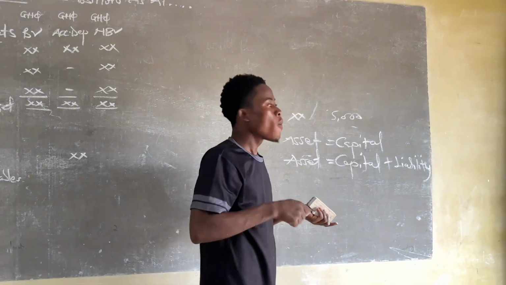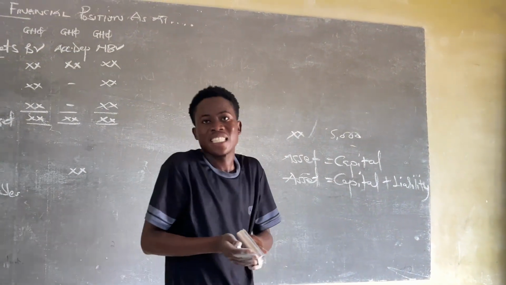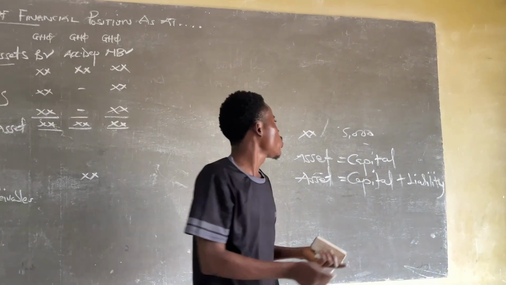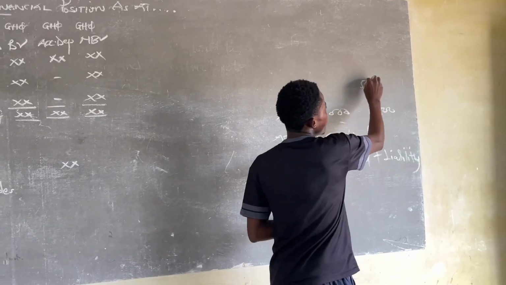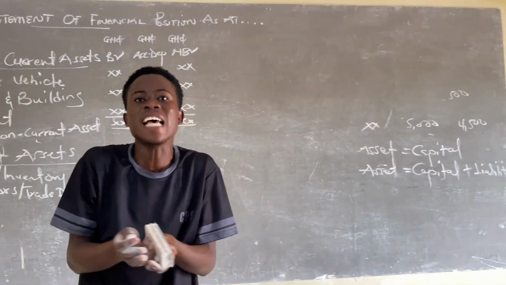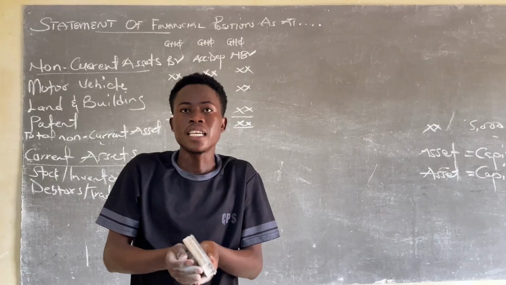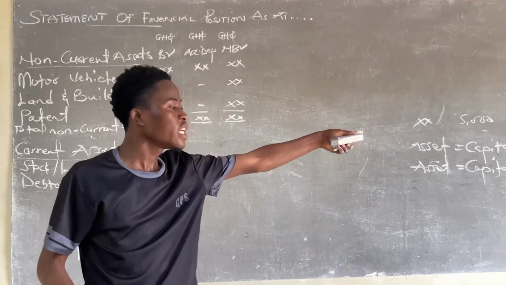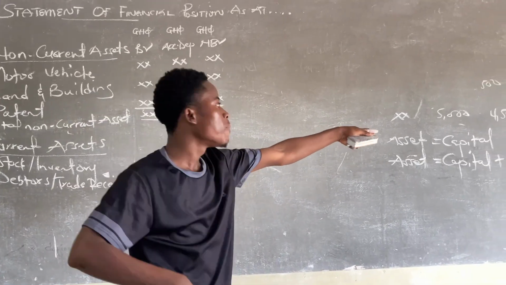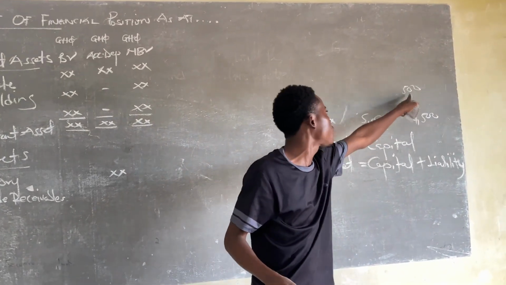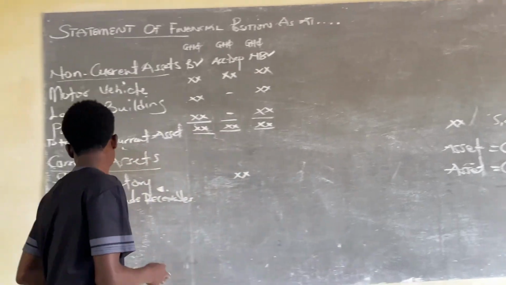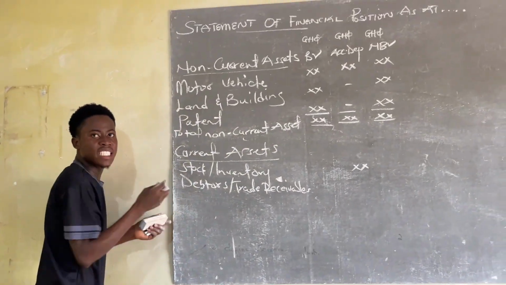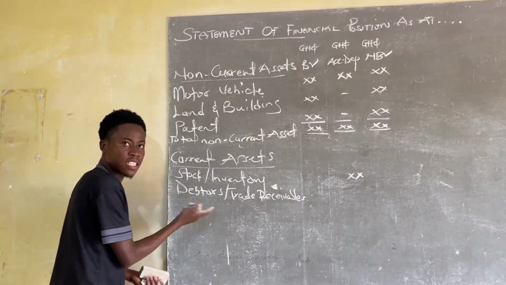But then, when we look at that particular debtor, we could see that we get only 4,500. So that 500 is the money that will be set aside, in case the debtor did not pay in full. We've made preparation for that 500, which will be the bad debt. So we deduct the provision from the debtor's figure.